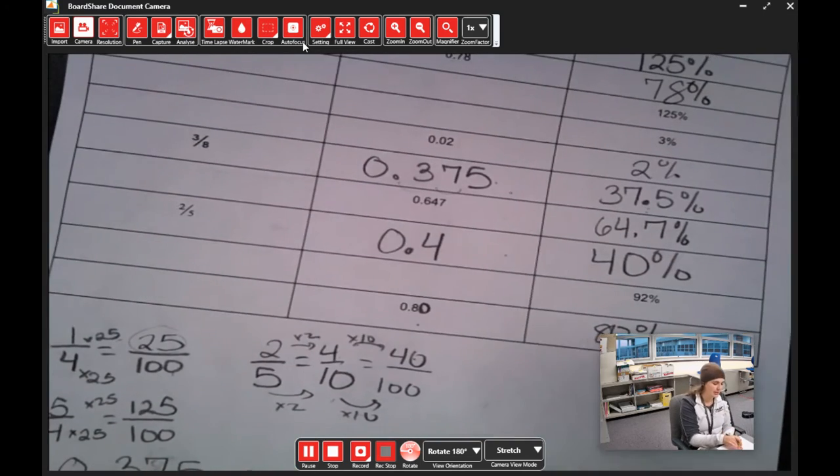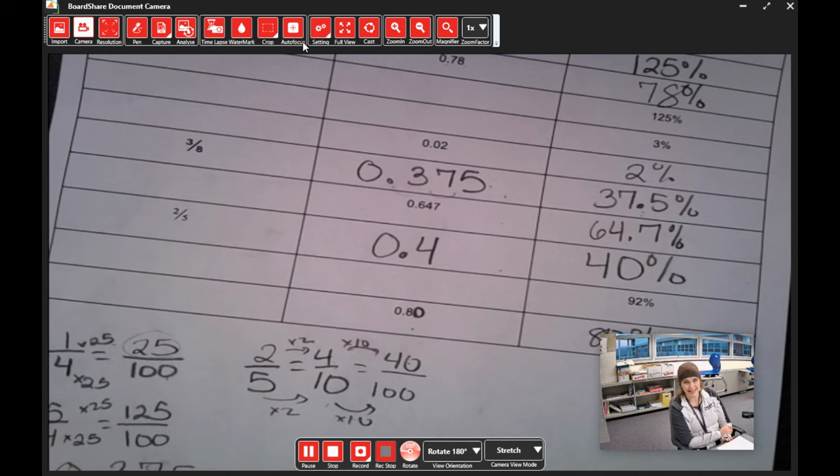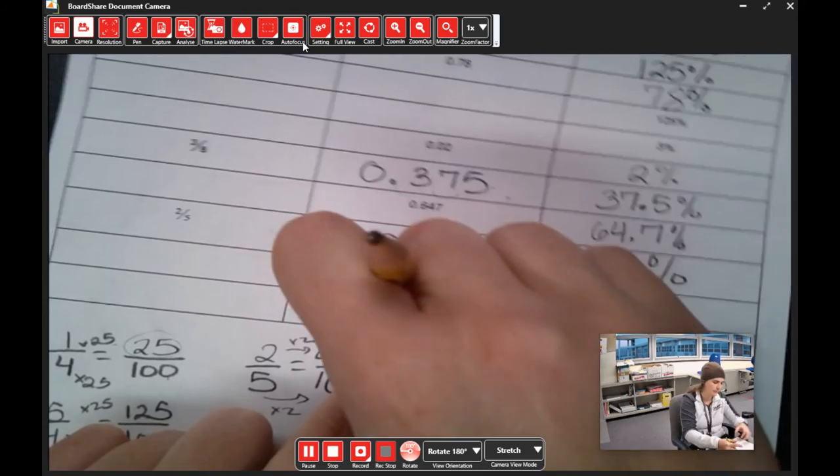Now I need to go from my decimal backwards to my fraction. Well, when you say a decimal, you say it like it's a fraction, right? I said 8/10 for this one.